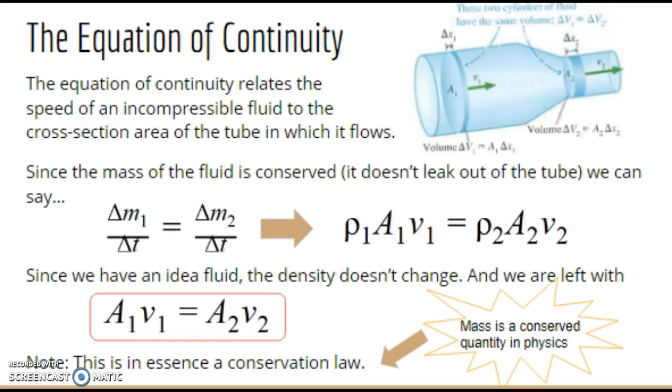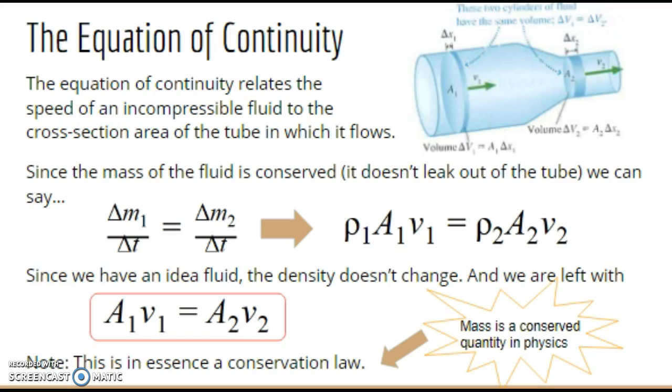So the equation of continuity, we start with the statement that the volumes are going to be the same. So therefore, the amount of mass traveling through those has to be the same. Right? So that's where this central statement I have here is. And the one thing we can say is, since we're dealing with an ideal fluid, its density is not going to change because it's incompressible. So those two density values are actually the same and cancel out.